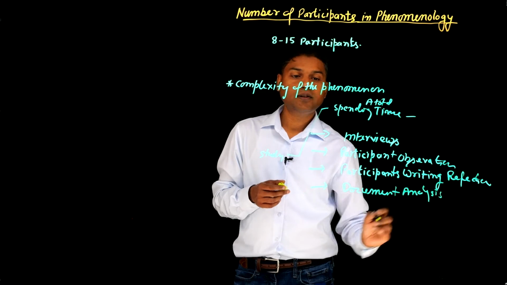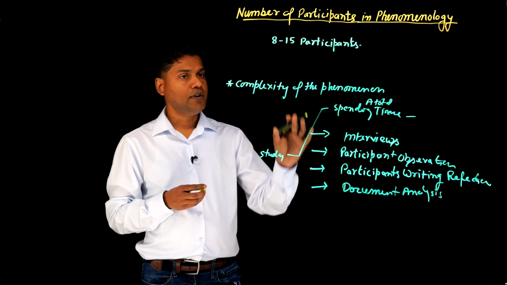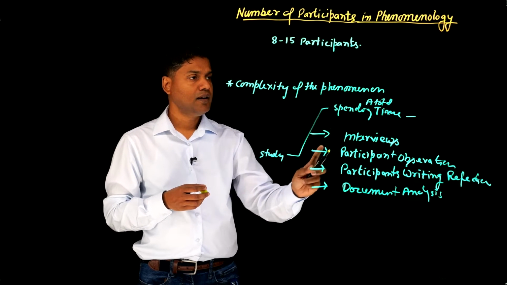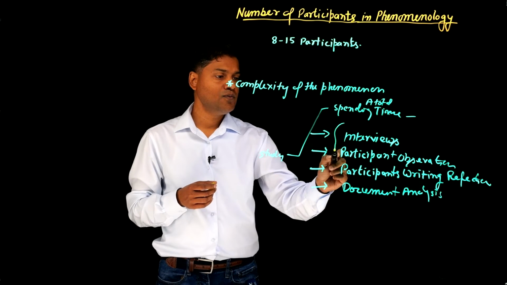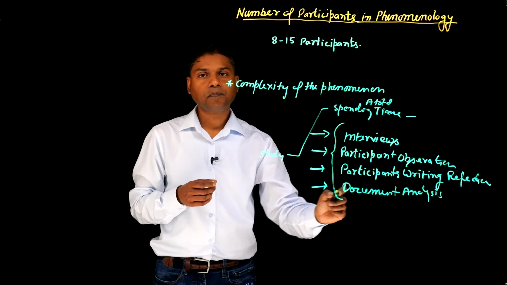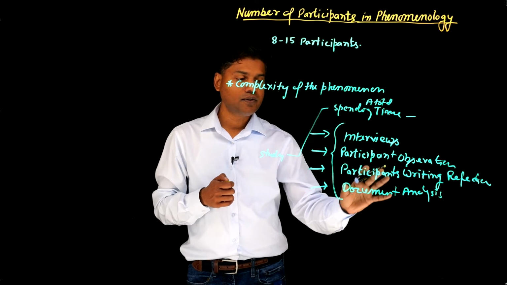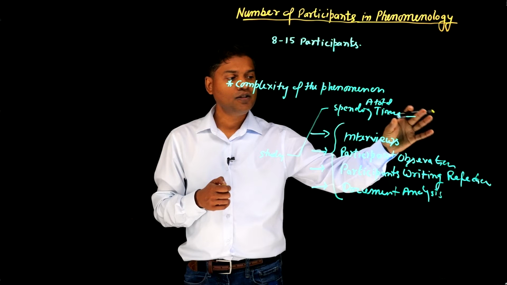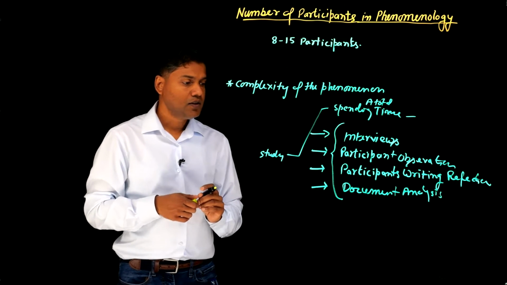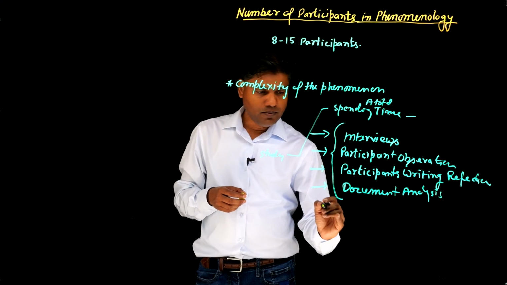So you see, this study seems complex because for the phenomenon that I'm exploring, I'm spending a lot of time and using different ways of collecting data. Since I'm using all these different means, the number of participants in this case will be less.